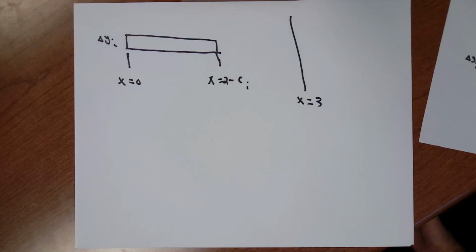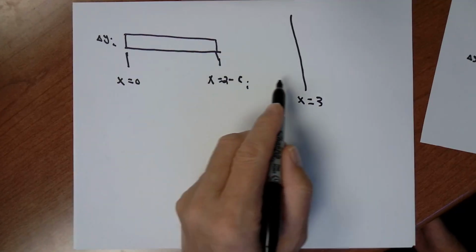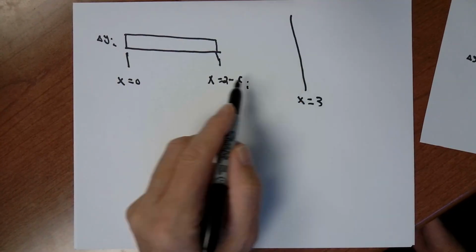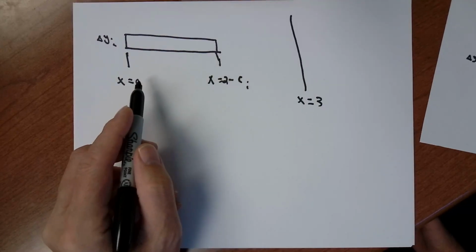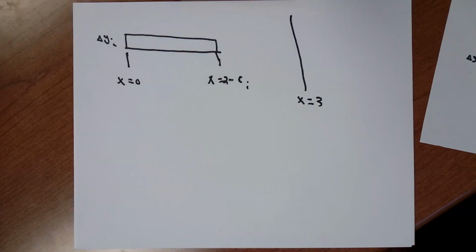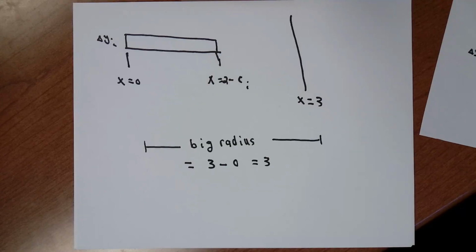Here, though, the horizontal distance between x equals 3 and x equals 0 is going to be the big radius. But I have to account for the piece that I have drilled out. I don't want to include places where x is between 2 minus c_i and x equals 3.